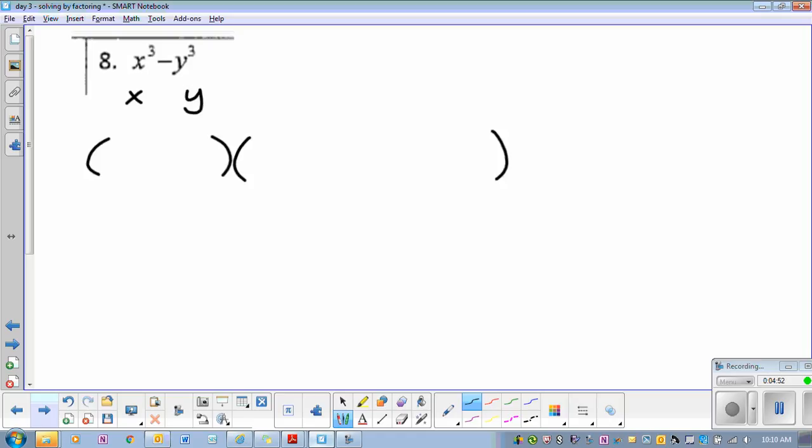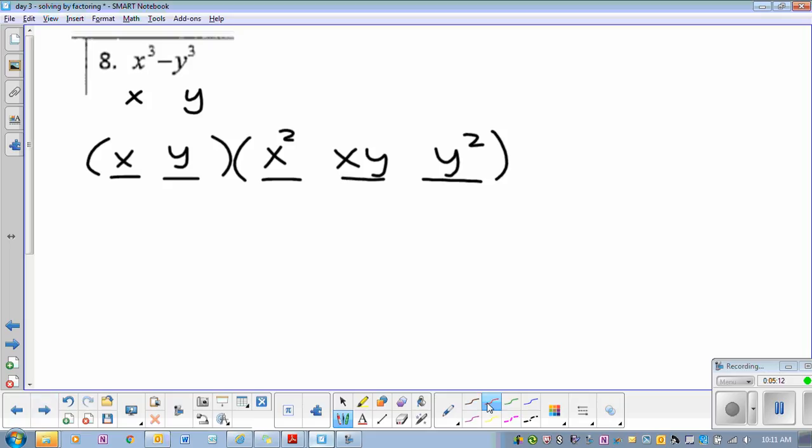So 1, 2, 1, 2, 3, x, y, x squared times the 2 and then y squared. Yes? This should be a little bit easier now since we just did 2 cube problems, or cube root problems. Same, opposite, always plus. Yeah?